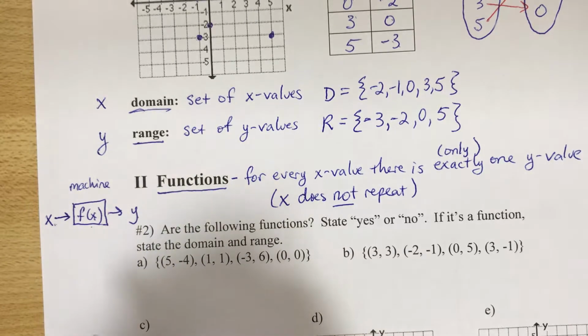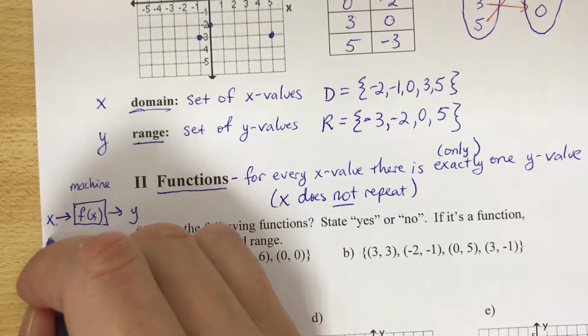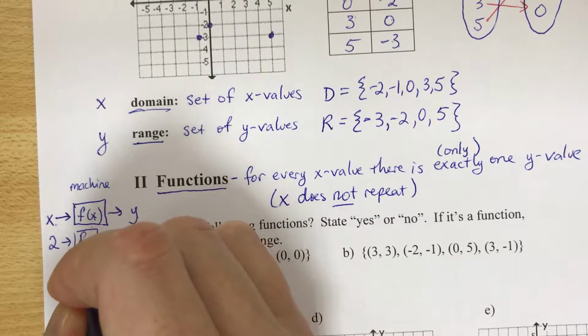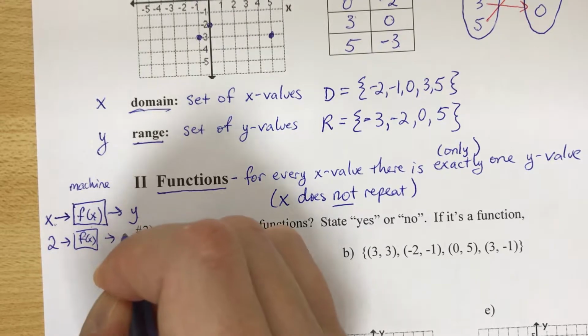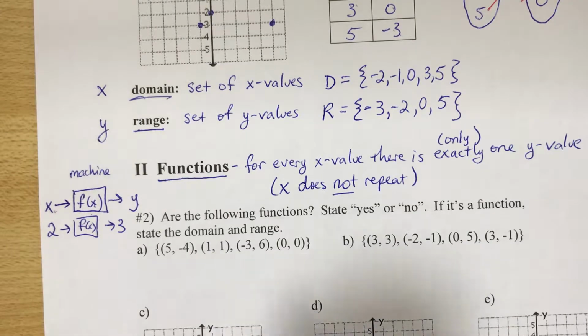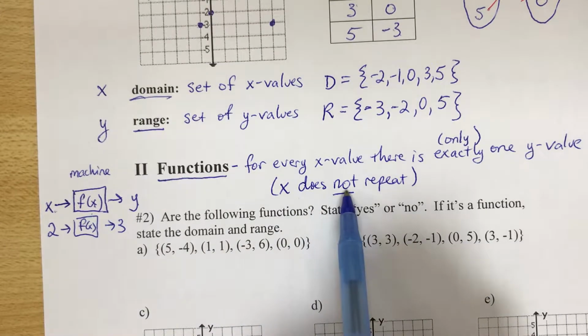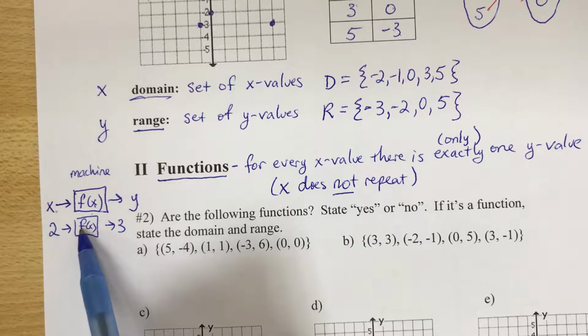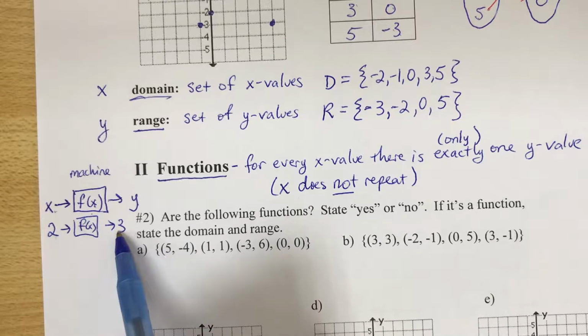So if I put in, and I'm going to use an example here, if I put 2, I'm just making this up, into the function, let's say that I get 3. Okay, so however that works. The idea of a function is that x can never repeat. Every time I substitute a 2, when a 2 goes in, when the domain goes in, I have to get the same range every time.